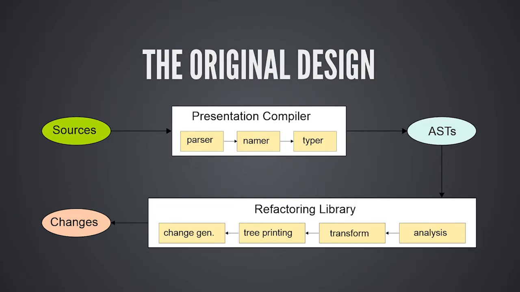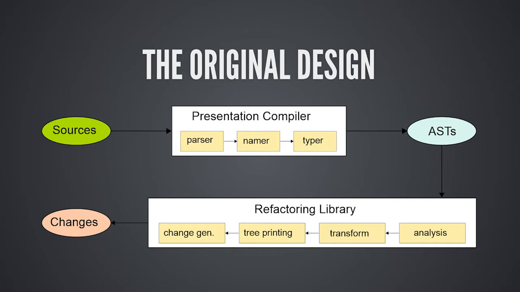And once these trees have been transformed, of course they have to be translated back into source code, because you as someone who requested a refactoring from an IDE, you're not interested in a transformation on an abstract syntax tree, but you rather want your source code to be patched in a way that represents the refactoring operation that you selected.